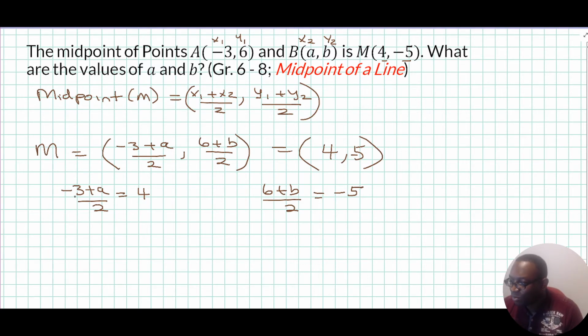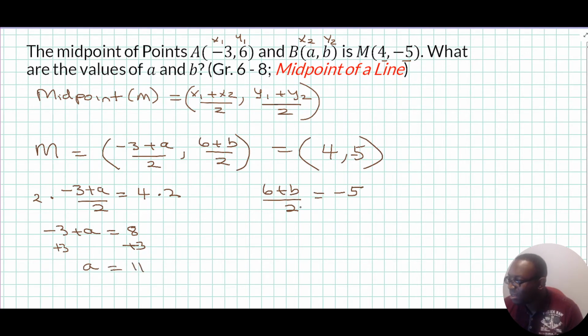What we can do here is multiply both sides by 2 so we can get rid of the denominator. So -3 plus a is equal to 8. Now we're going to add 3 to both sides. So a is equal to 11.